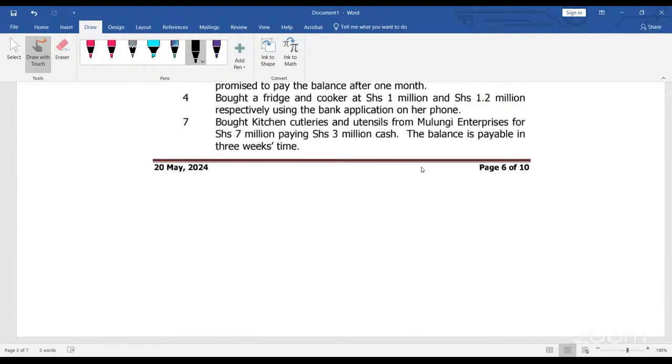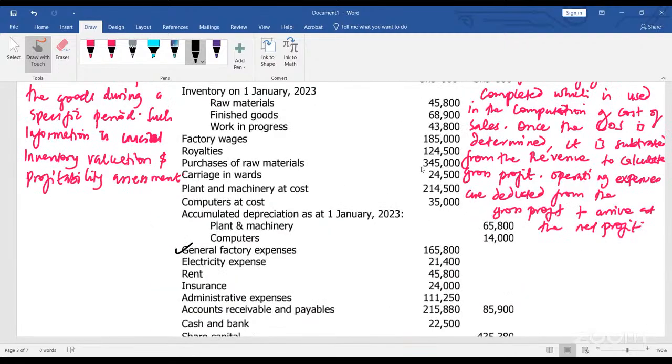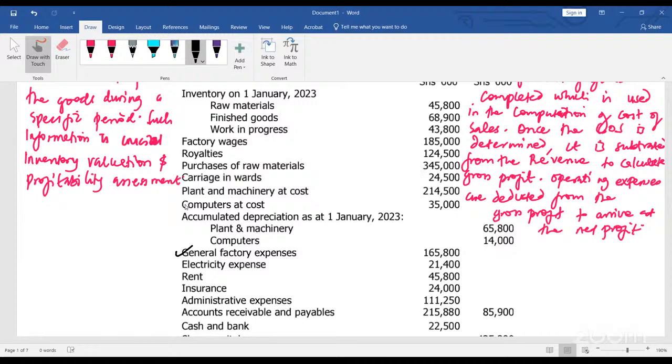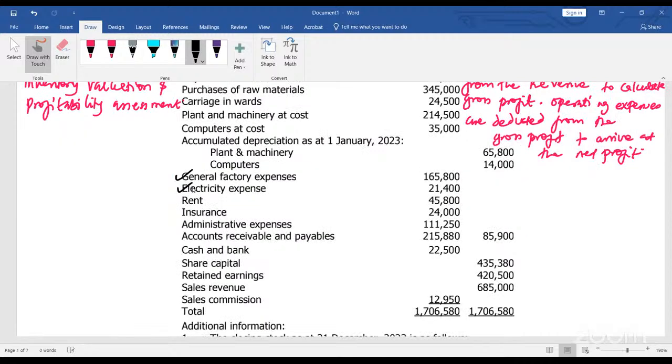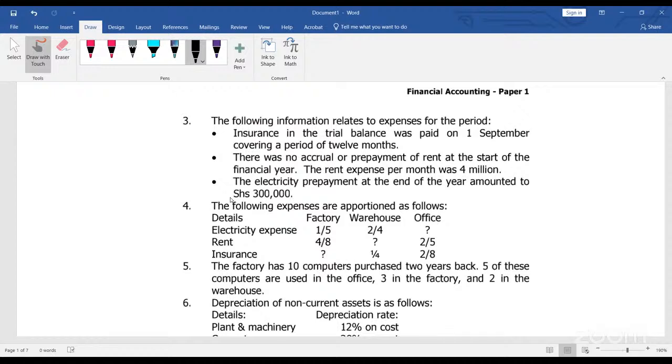Remember, the 21.4 is from the trial balance. But then we have a note here, electricity prepayment. Prepayments are deducted from the expense such that we only report the expense for the year. What belongs to the future, minus that.